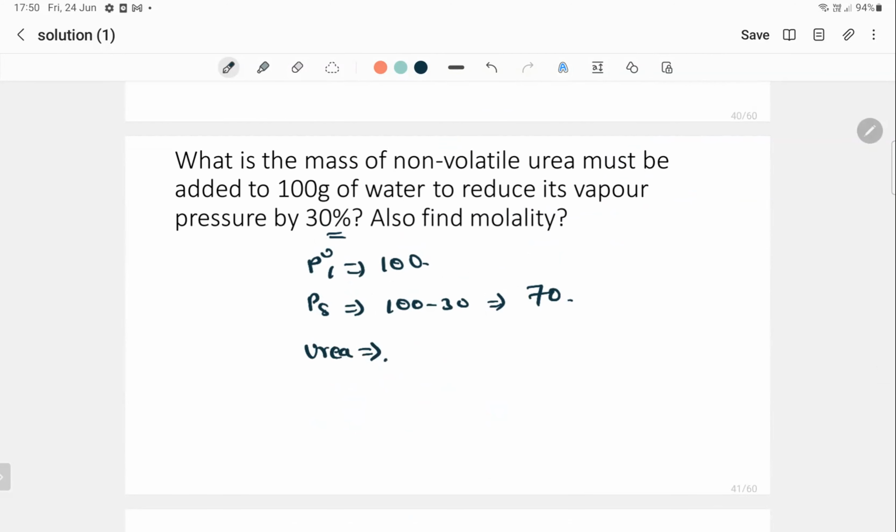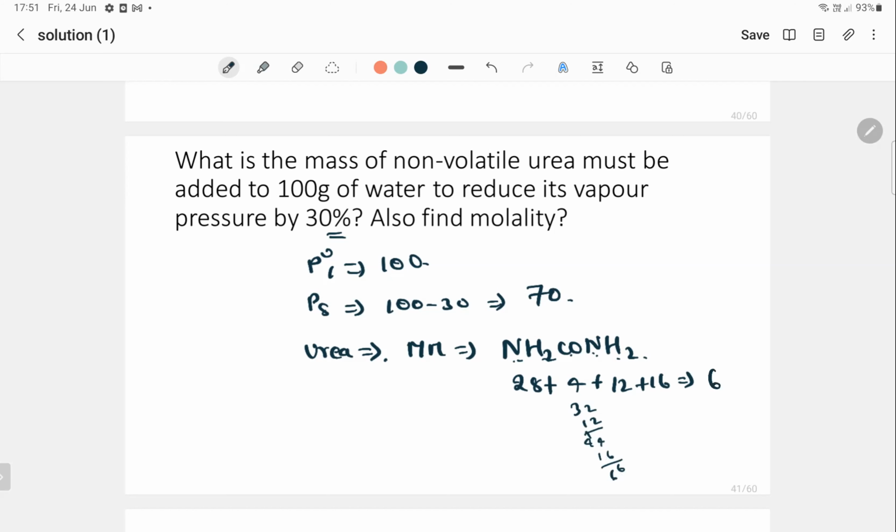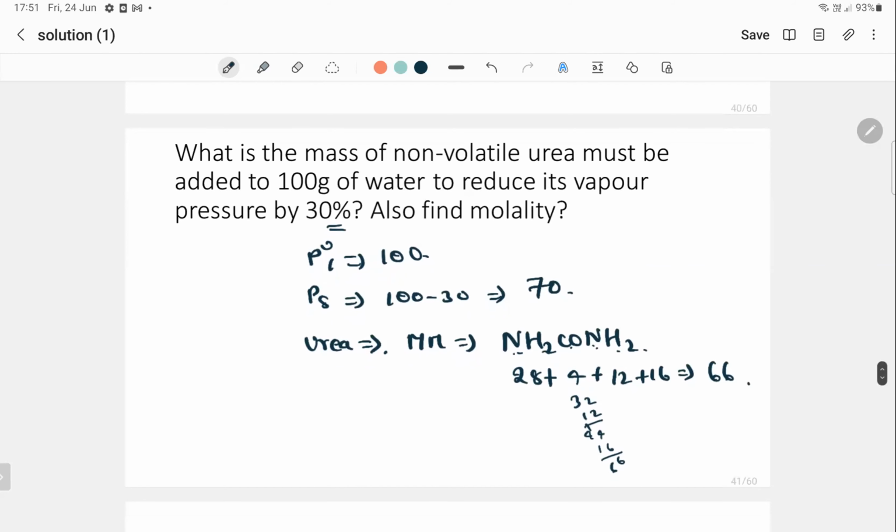We have to find the given mass. So what is the molar mass? Molar mass of urea is NH2CONH2. Nitrogen is 14, 14, 28 plus hydrogen 4, 32, plus 12, 44, plus 16, 60.